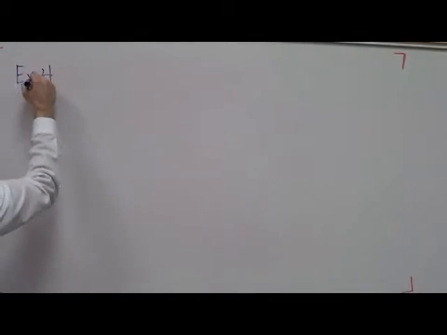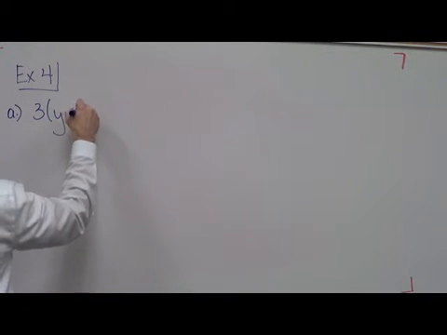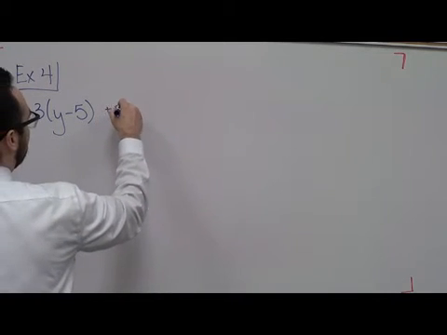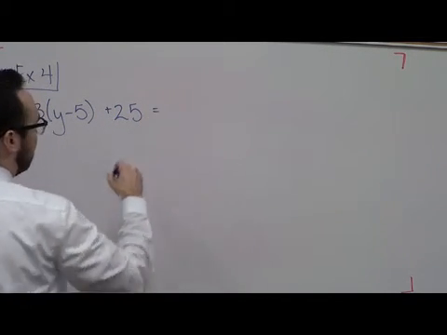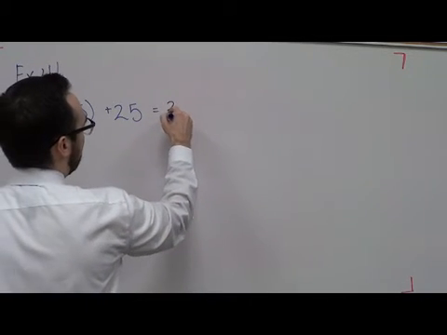So this will be example number 4. The first part says to solve the equation 3 times (y minus 5) plus 25 is equal to 3y plus 10.